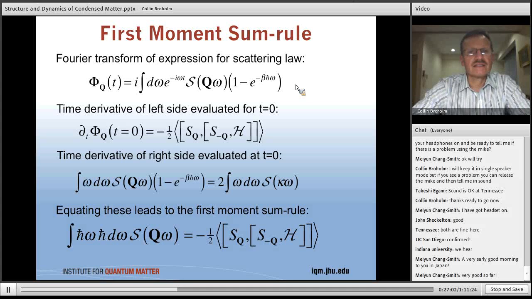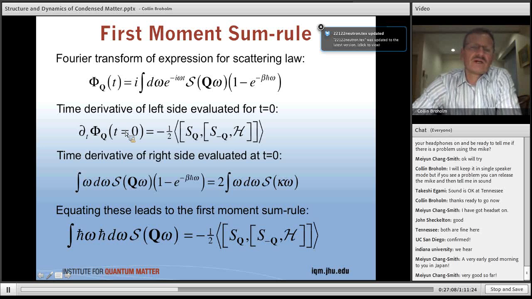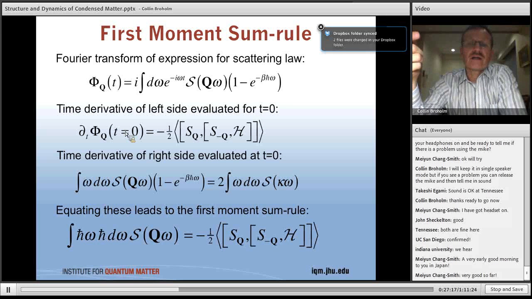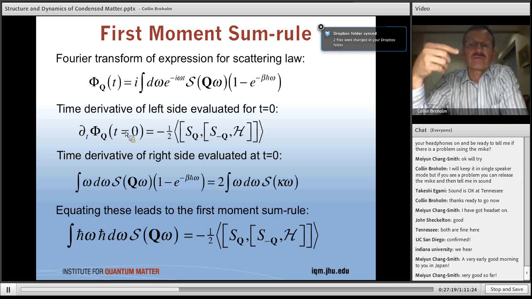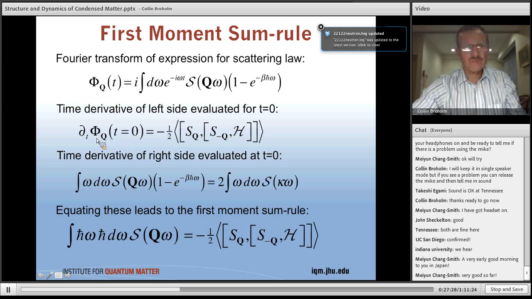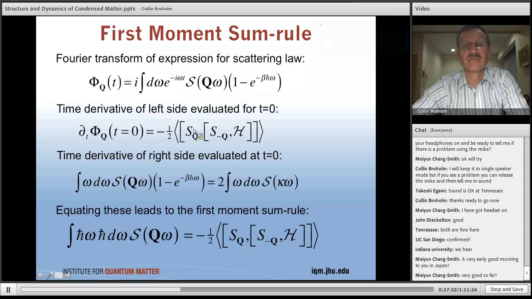So first, to take the time derivative of the left-hand side, that is done using the equation of motion for the Heisenberg operators, which you might remember relates a time derivative of the operator to the commutator of the operator with the underlying Hamiltonian. And now, since phi of q itself is defined as a commutator, I end up with this interesting double commutator showing up.